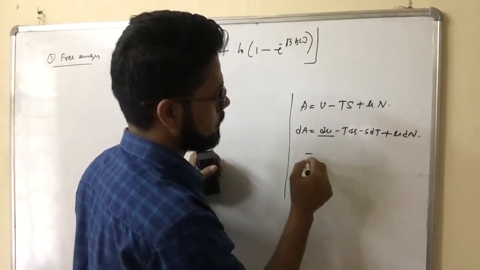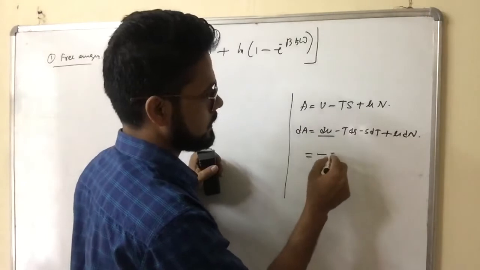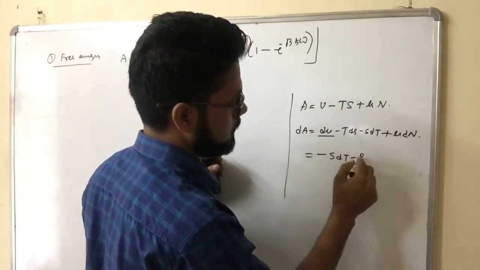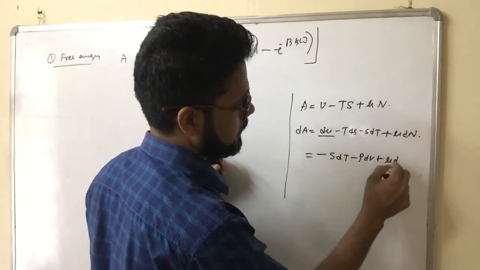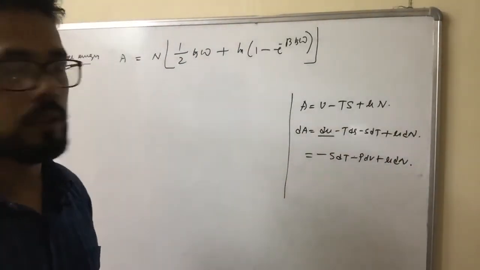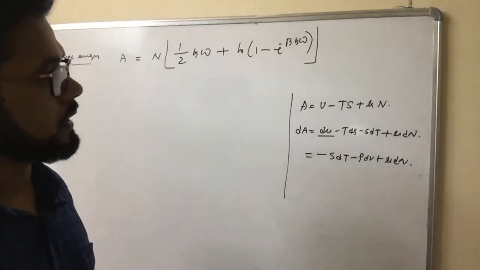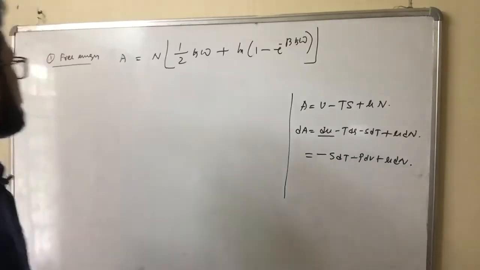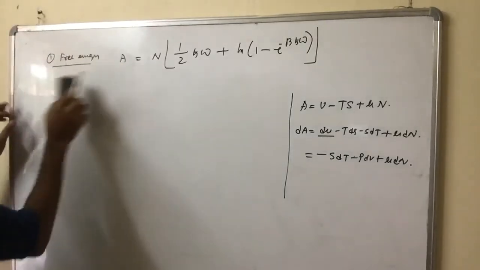So dA equals minus S dT minus P dV plus mu dN. So how can I calculate pressure, entropy, and chemical potential? Now I am going to calculate the chemical potential from this free energy.